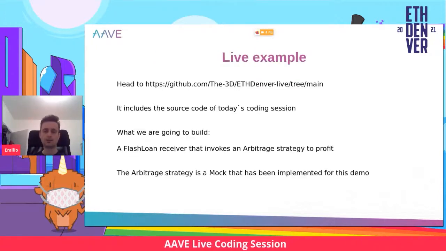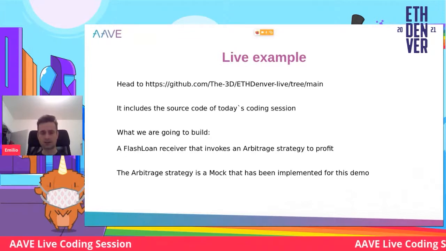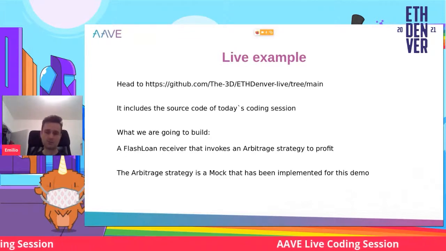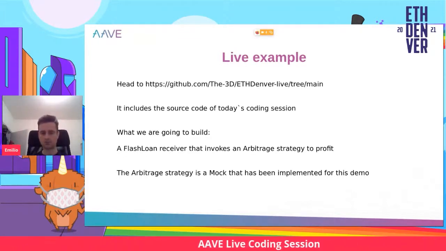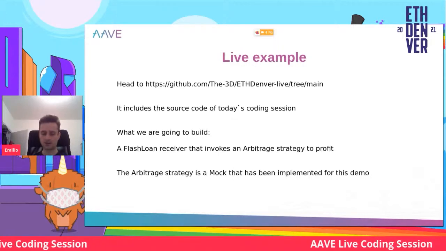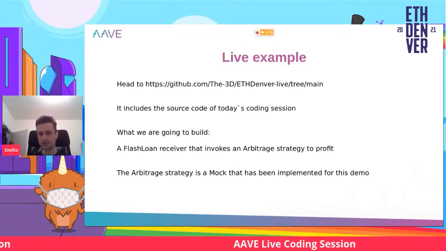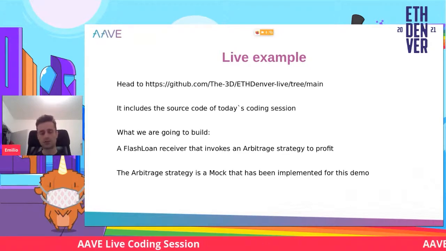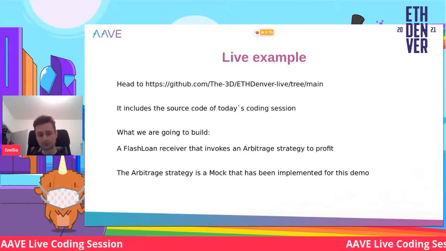So I have prepared a live example where I will show some code, but it's also an exercise that I will leave for you, and there is a prize at the end. I prepared a small contract that you can interact with using a flash loan on mainnet. I put 0.2 ETH in it.